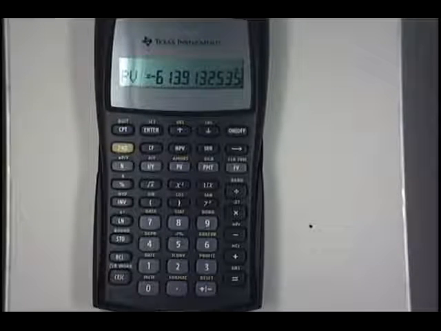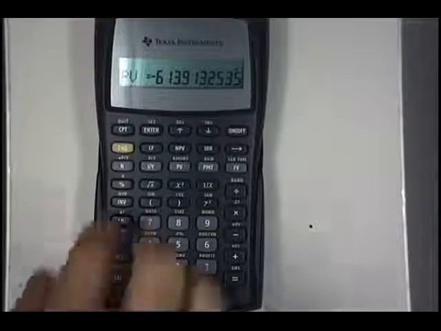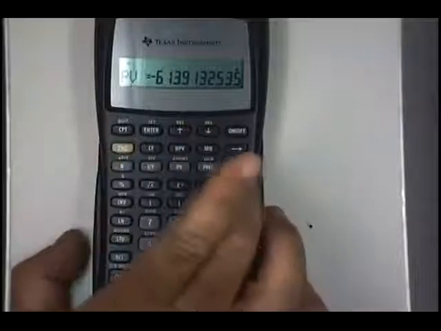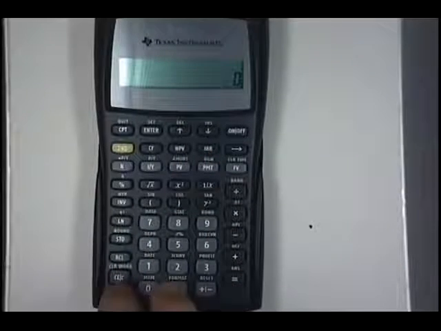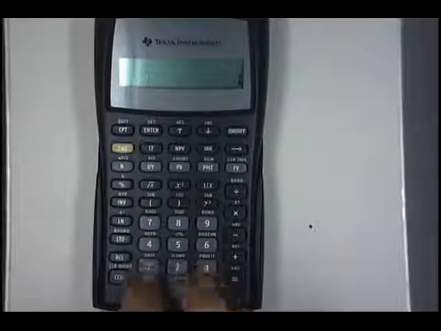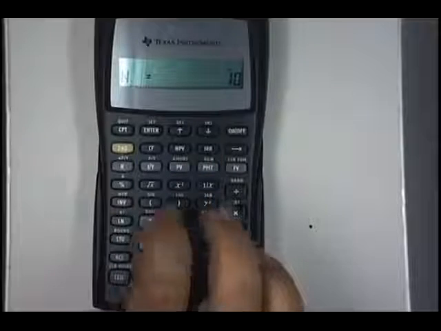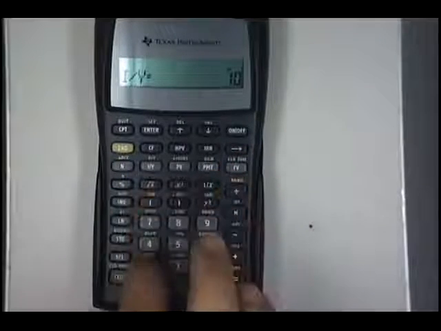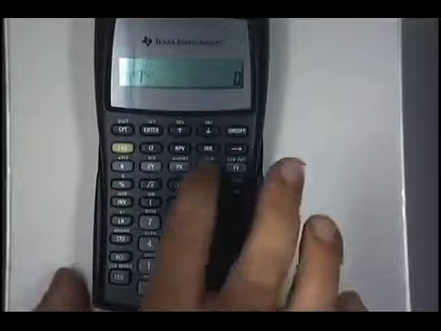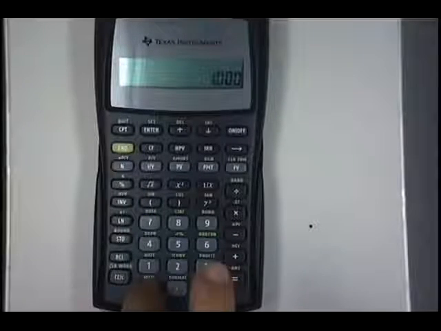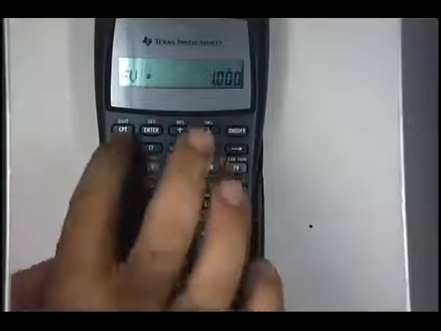Now, I said we could compare 10% to 5%. Remember, that's $613. If I double my interest rate to 10%, let's clear our time value of money, clear the last number out. I still have 10 periods. Now I have an interest rate of 10. I have 0 payment, and I have $1,000 as a future value.